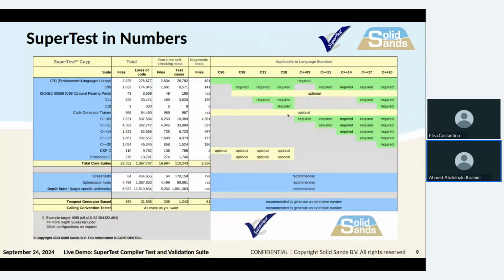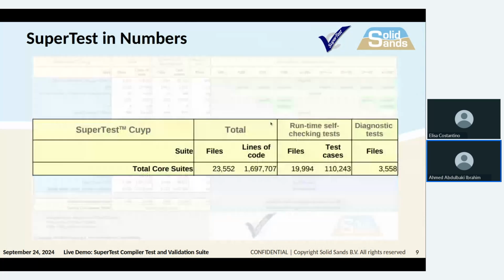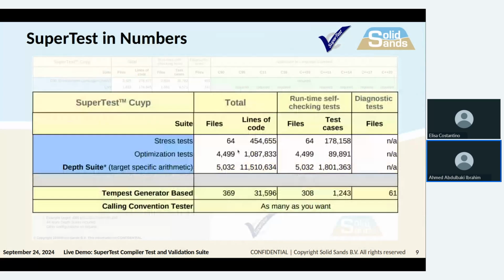Now, if we zoom in on the summary figures, we can see that the sum of the core suites amounts to approximately 1.7 million lines of handwritten code, whereas if we generate a single depth suite for a particular target arithmetic, it would end up generating about 11.5 million lines of code, which demonstrates how effective the depth suite arithmetic tests are.